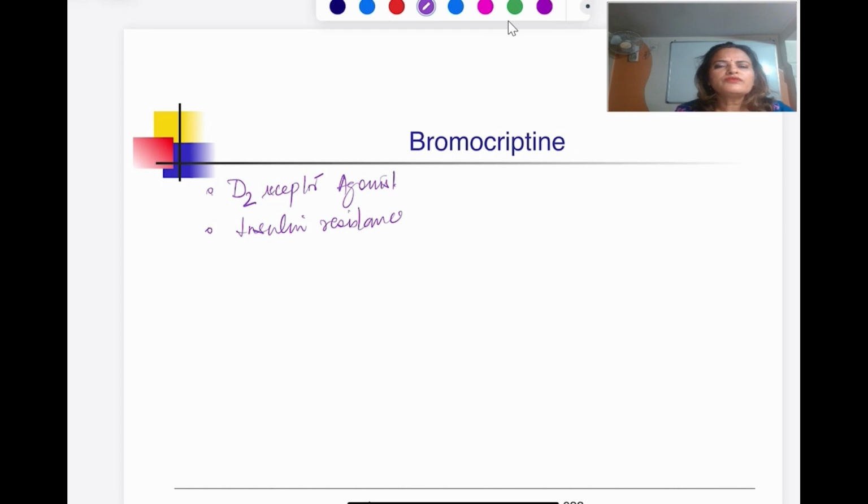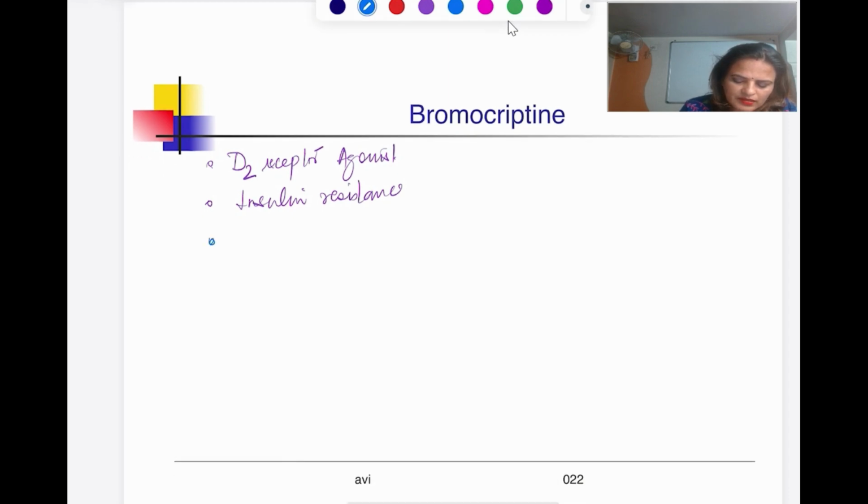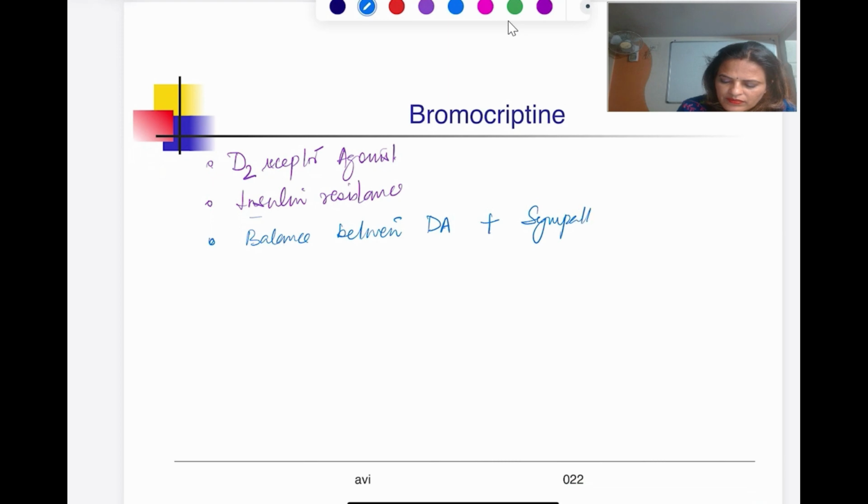One cause of insulin resistance in diabetes mellitus, they say, is an imbalance between dopaminergic activity and sympathetic activity.